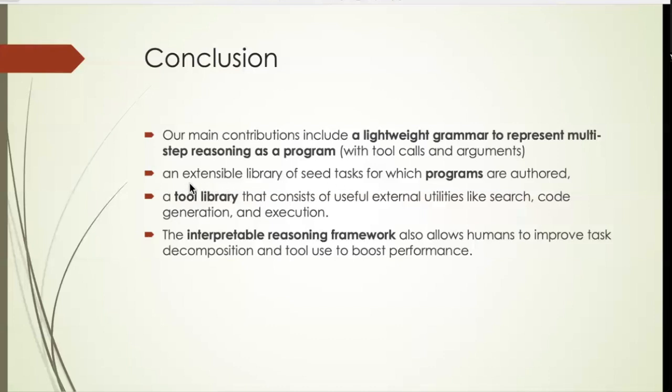And then they build extensible libraries for the tasks as well as for the tools. In the beginning, the programs are human-authored, and when the platform runs with the human in the loop to correct the programs, there will be a growing library of program demonstrations for the LM. Humans can also help to build the tools for the LM.